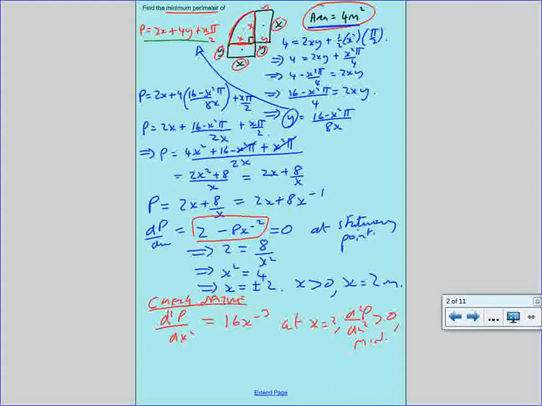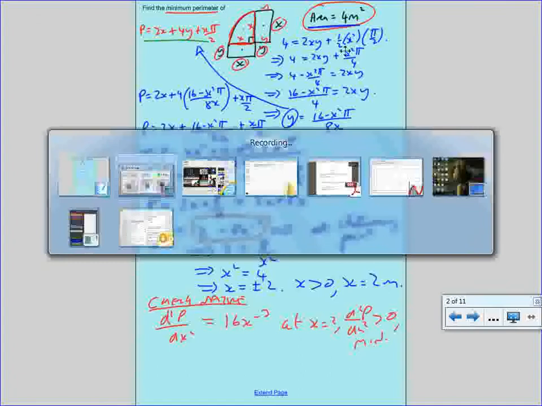And if I put in x equals minus 2, I would get a negative number, which means we would find the maximum. Let's say theoretically that x could be greater than that.